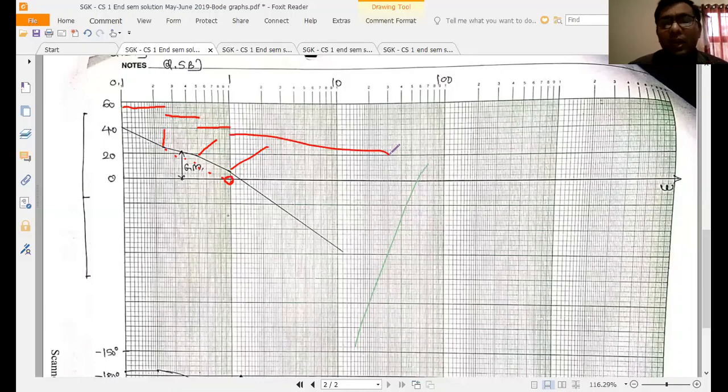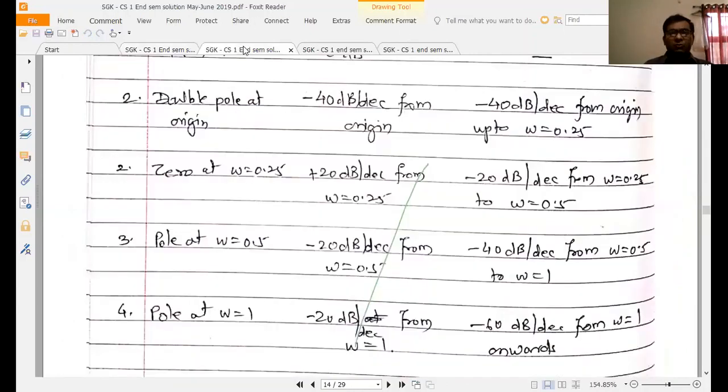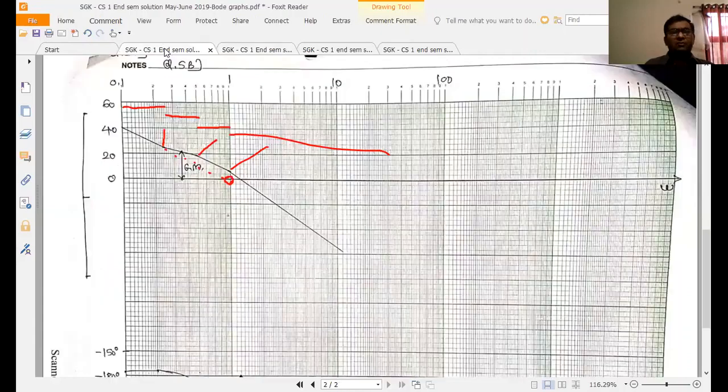So always we will have to divide our semilog paper into sections of omega based on the cutoff frequencies. The cutoff frequencies are 1, 2, and 3, so we will have 4 sections in our graph. 1, 2, 3, 4.